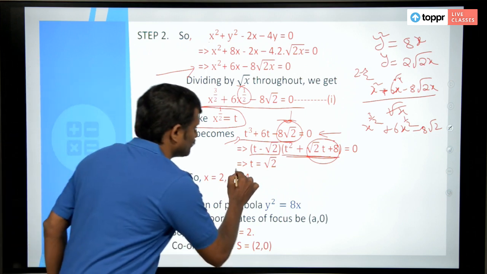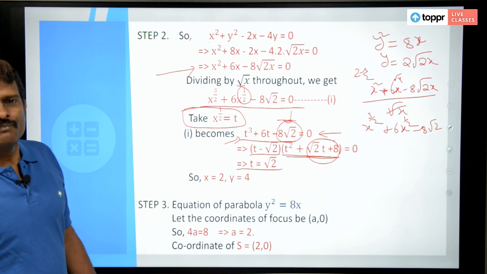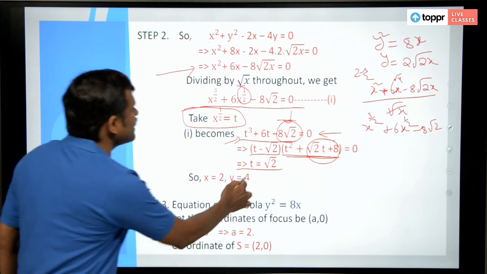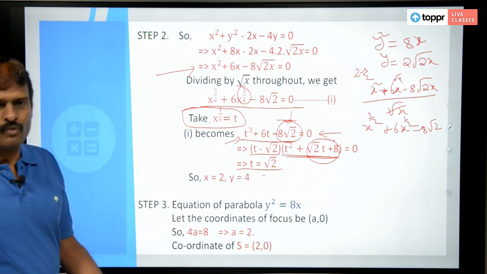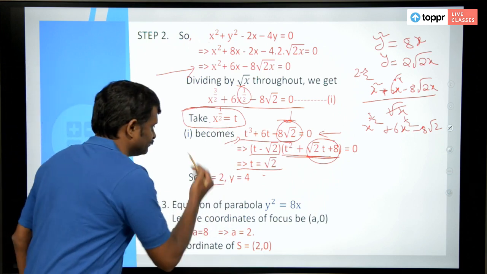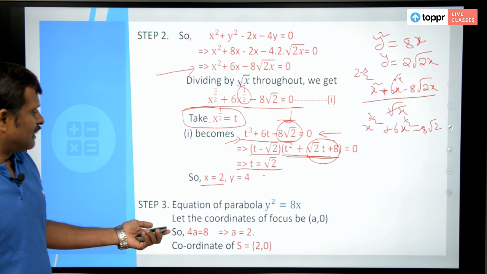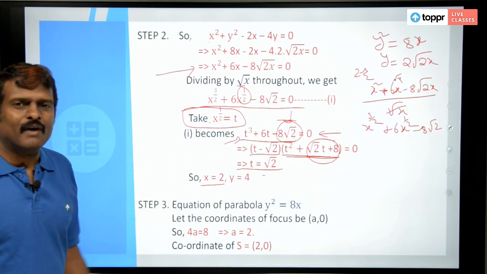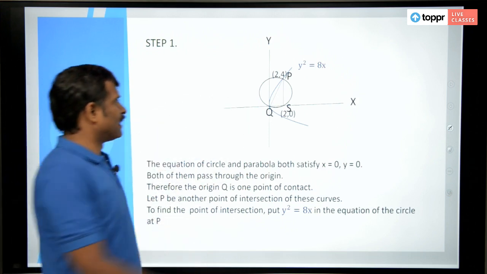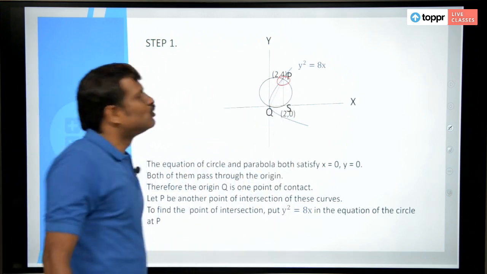The only possible thing for us is t is equal to root 2. So, when t is equal to root 2, x power half is equal to root 2, then I square it on both sides. So, x is equal to 2, then you substitute the value there, y is equal to 4. So, that other common point here is 2 comma 4.